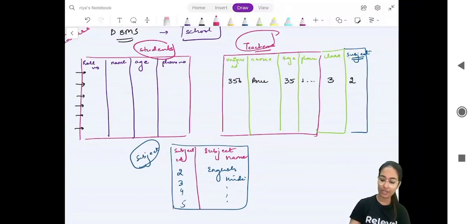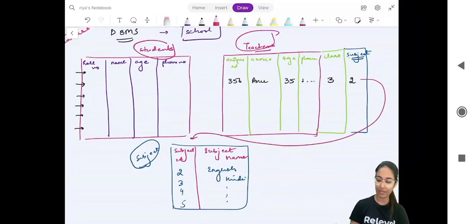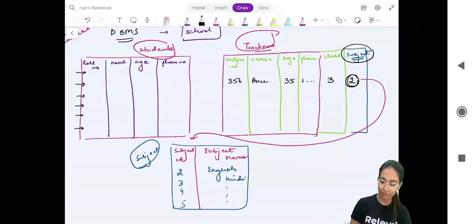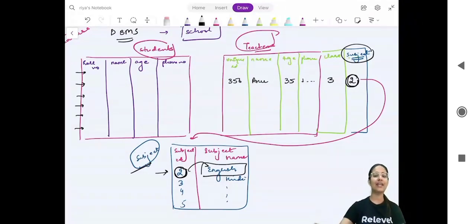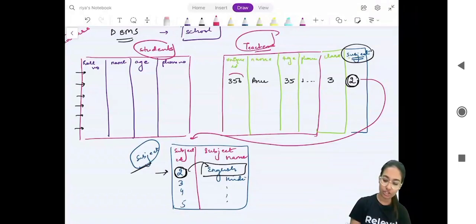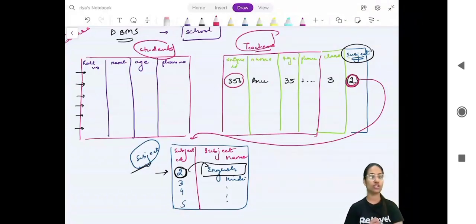So now this is a relationship between the tables, correct? The subject that she teaches has an ID 2, and if I go over here to the subject table, the subject with ID 2 is English. So with this, I can analyze that the teacher teaches the subject English. So there is a way we can derive meaningful relationships between the data.